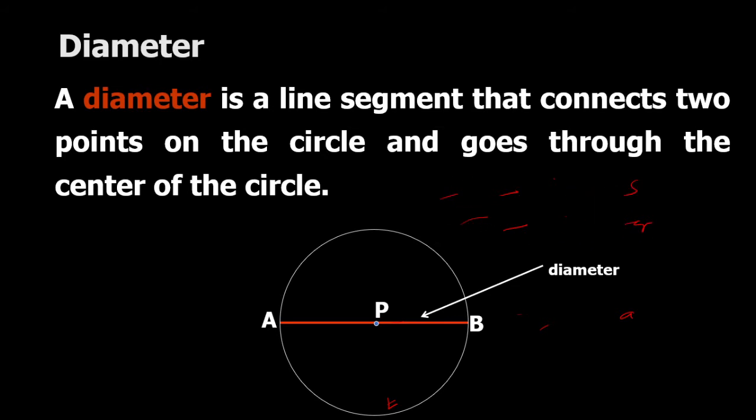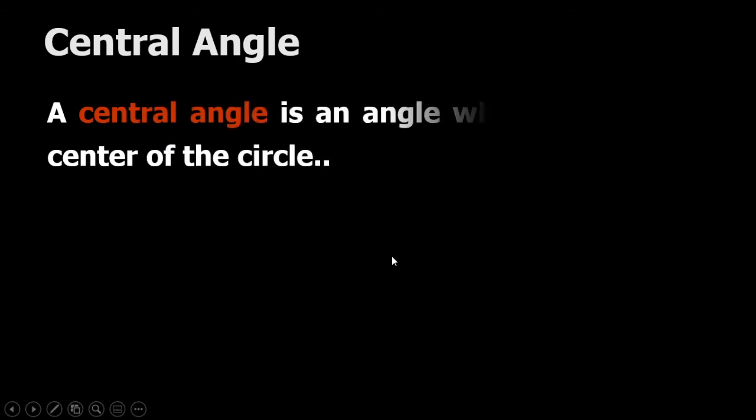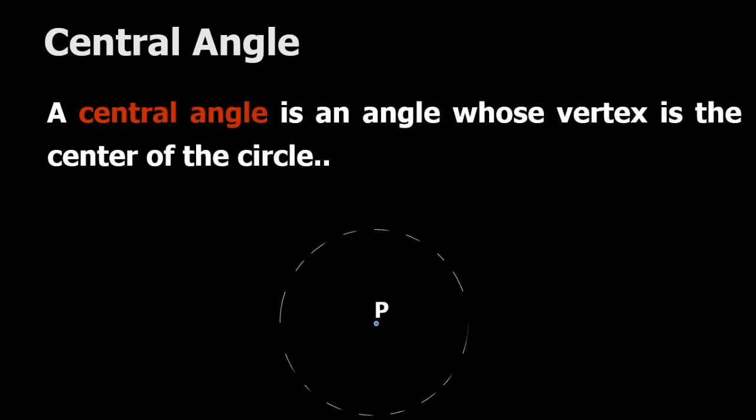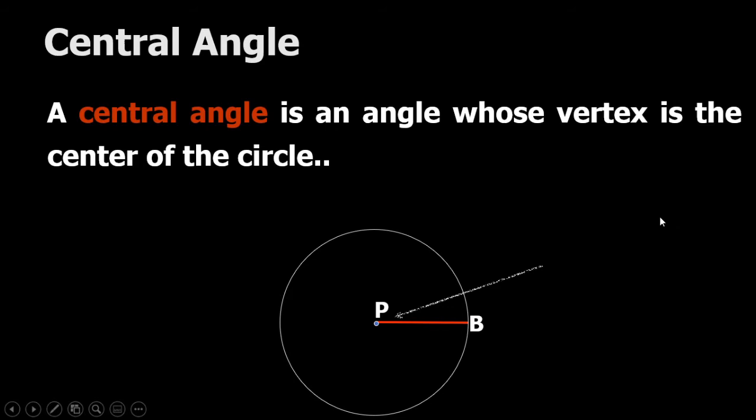Next, we have central angle. A central angle is an angle whose vertex is the center of the circle. Now remember that an angle will be formed when two rays intersect at a common vertex. Now, in the case of a circle, when we say central angle, it is an angle wherein its vertex is exactly at the center of the circle.